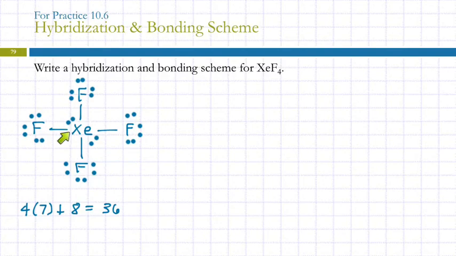Now we look at the central atom and ask ourselves, how many electron groups? 6. We got 6 electron groups.